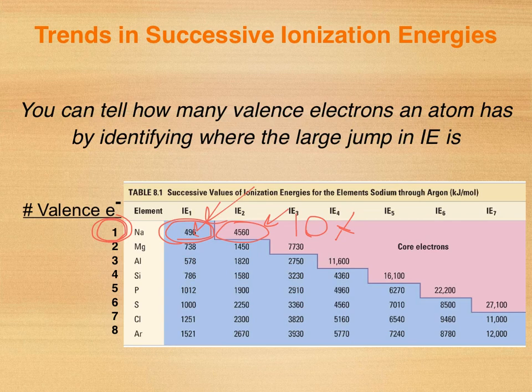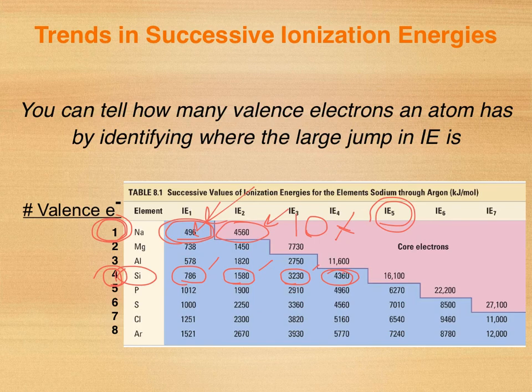So let's skip down to silicon. Silicon's right under carbon. It has 4 valence electrons. And so it's relatively easy removing the first 4 electrons because it has 4 valence electrons. It gets a little bit harder with each progressive one, but only by 50% or something. But now, when you get to the 5th electron, remember, silicon's in group 4A, it has 4 valence electrons.